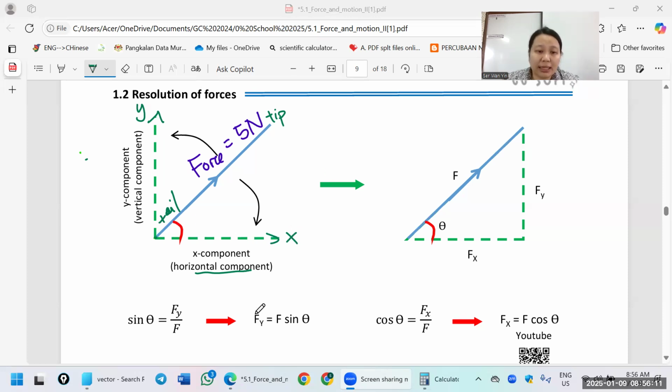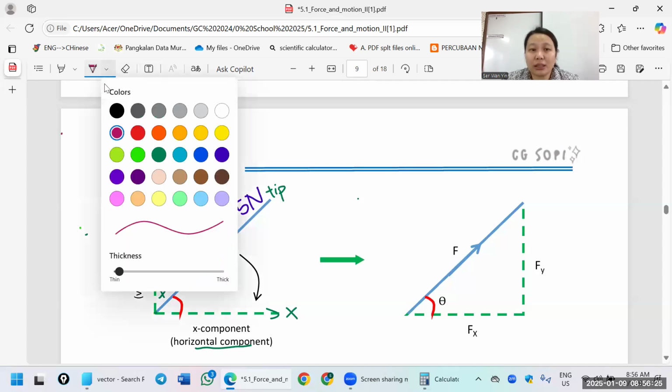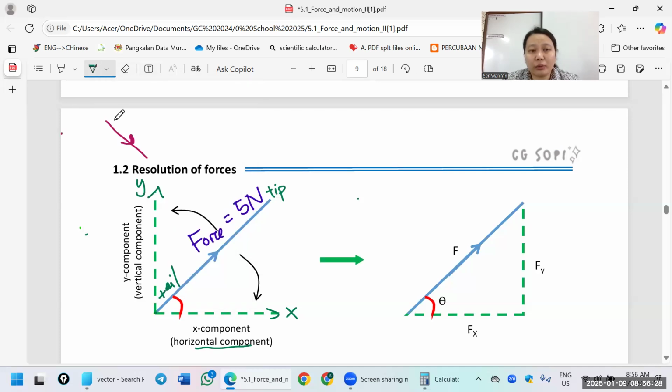Okay, so right now let's practice a few. Maybe you can draw up here. If I have a force like this, how can I resolve it? Same thing. You can just use a solid straight line. So first of all, find out where the tail is. Tail is here.